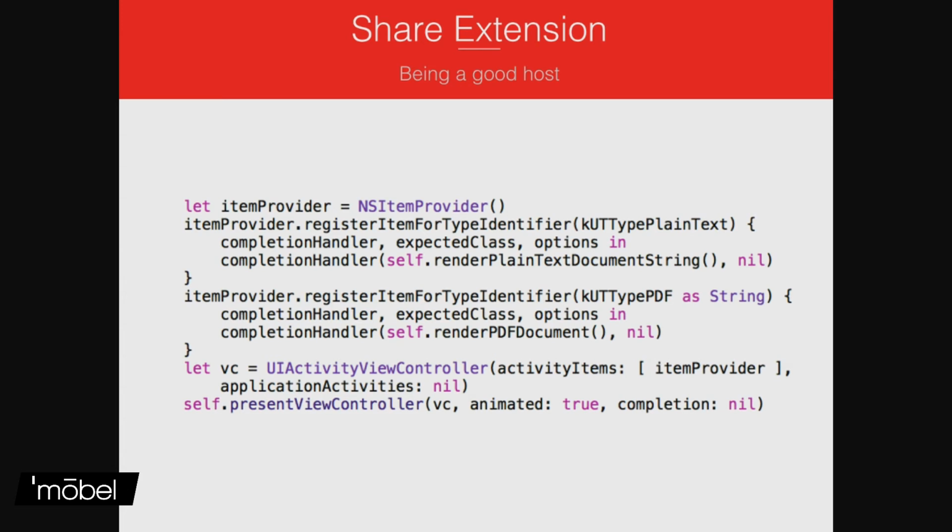I give that instance to a UIActivityViewController, and I present it. When the user chooses an extension that can handle only PDFs, it's going in this block here, and that's your cue to take the content you have in whatever format it is and make a PDF of it. When that's done, the results you give to the completion handler, and the extension does the rest for you. And that is a way to handle as many extensions as possible.